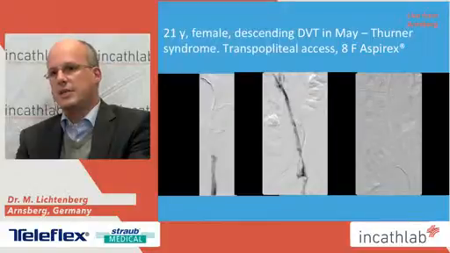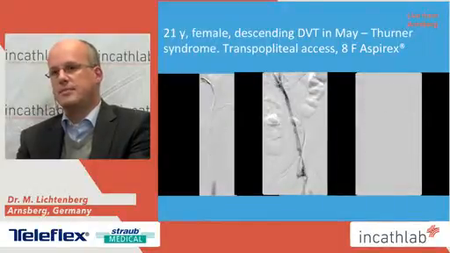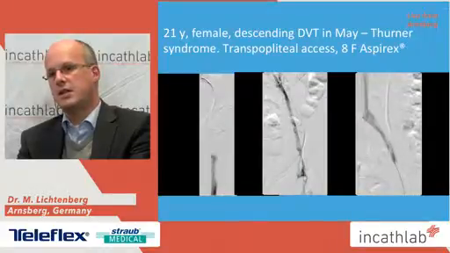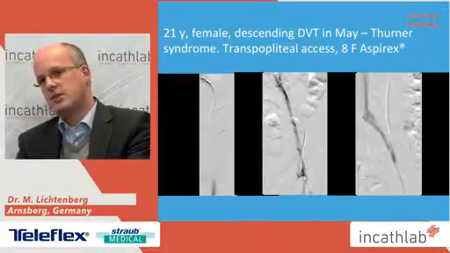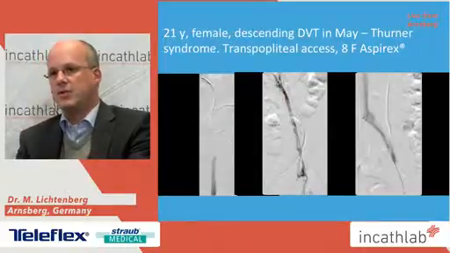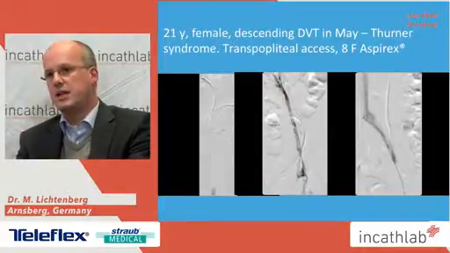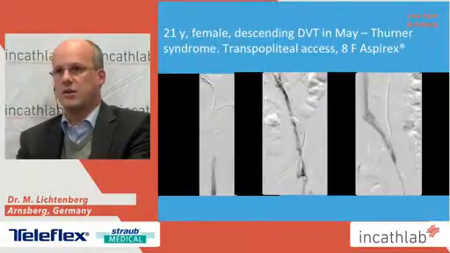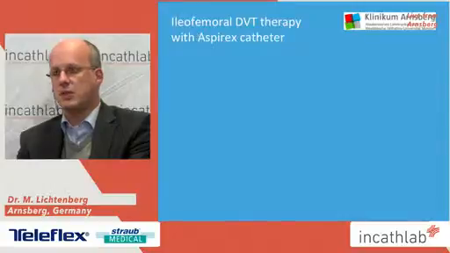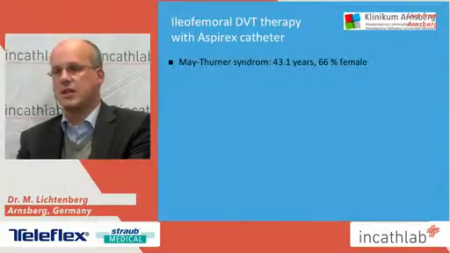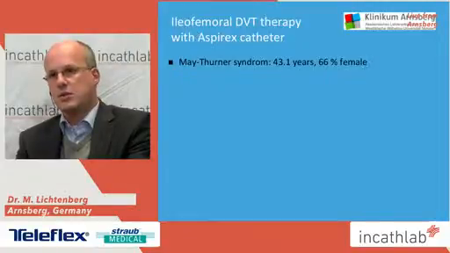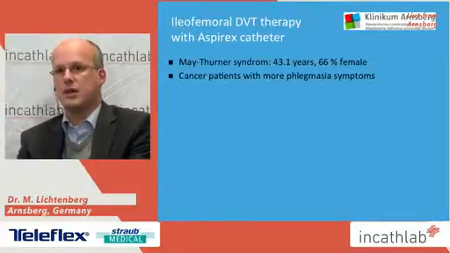We gained access via a transpopliteal approach using 8F Aspirex, and after 2 runs, in the middle of this slide you see there's already an inflow, and after this of course we had to stent the May-Turner point, and after this we achieved a very good inflow situation in this patient, and we also in this case finished in the cath lab in 1 session.